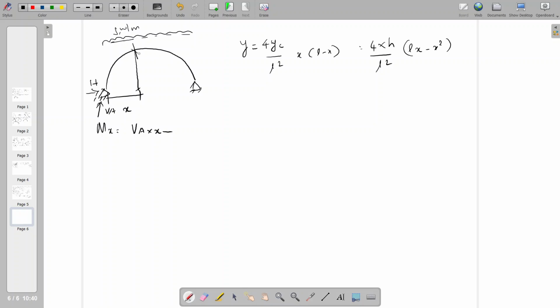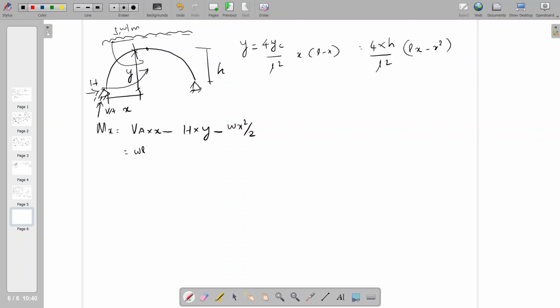I'm mentioning the vertical distance as y because this is not the crown point, this is somewhere else. The crown point distance is only small h. So other vertical distances can be mentioned with y. So VA into x minus H into y, minus this load, as well as H, will be rotating in the same direction. So W into x square by 2.